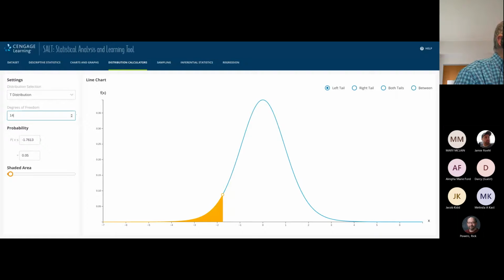And if degrees of freedom are 14, if you see here we have these different shaded areas, you can see how we can adjust that if we want to. But just so that you believe me here, when we deal with a mean versus a proportion, we use this kind of mathematics, and the t-score is what we're talking about.